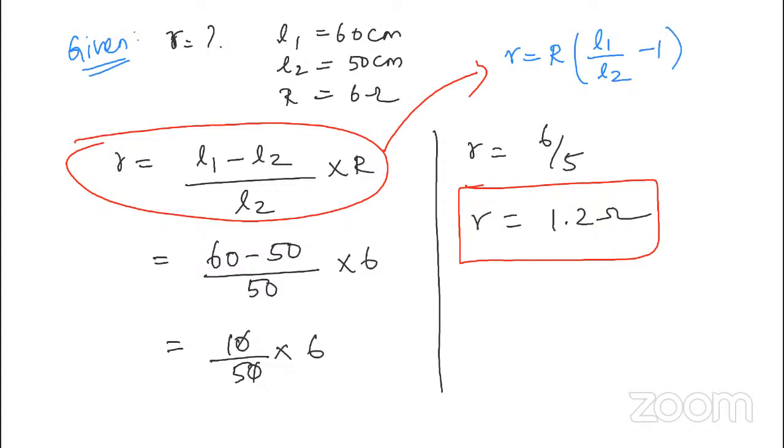Both of them are the same formula, and we can use either type. We just cross multiply the value of L2. Both formulas should be equal. If the formula has a 1 minus form, we can use it to simplify easily and work out the problem.